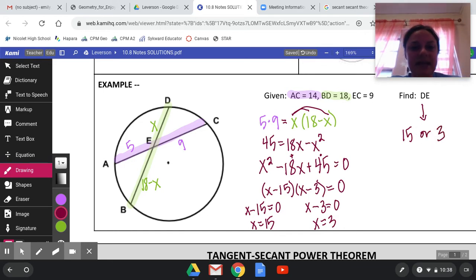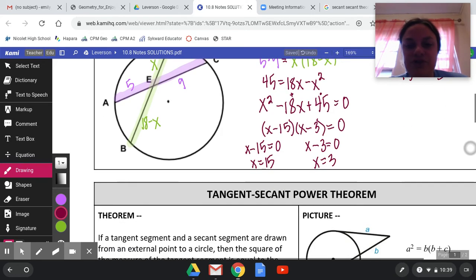Since I set X as DE, that's what I was looking for, those are my two final answers. Those are the two possibilities because you've got one shorter part and one longer part of the segment, and you're just solving for one of them. So you could have solved for the shorter part, or the longer part, depending on whether it's 15 or 3. All right, so those are your two possibilities.